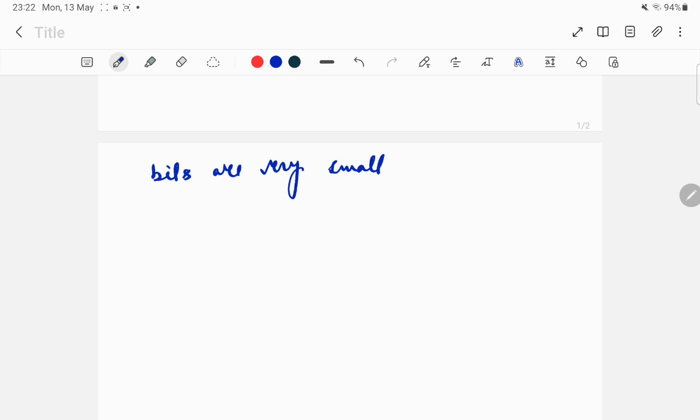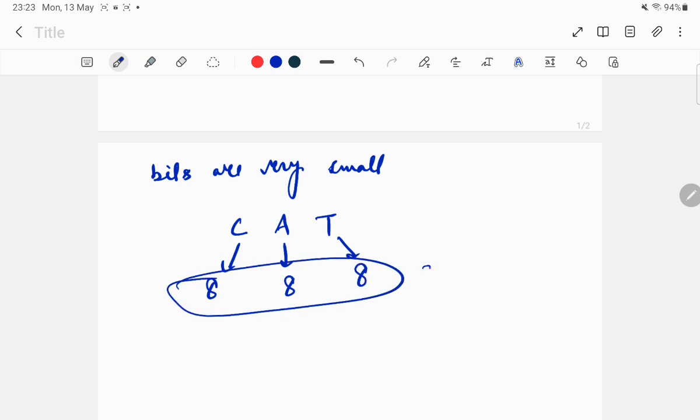If I want to say cat, you may remember for cat we had 8 plus 8 plus 8, 24 bits. It had 8 digit strings, so in total I had 24 binary numbers, so 24 bits.